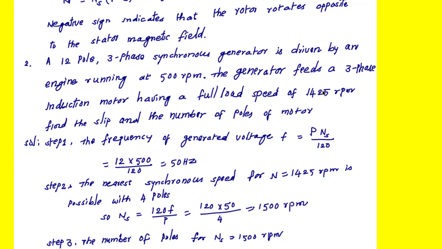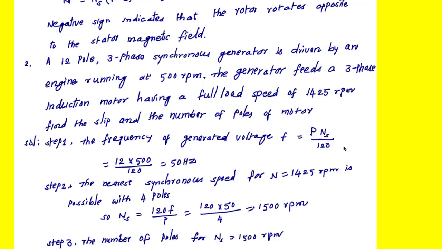To get that, we have to use the supply frequency, that is the generator supply frequency, calculated as 50 Hz, and use a trial and error method for the number of poles to get the synchronous speed which is near to 1425.